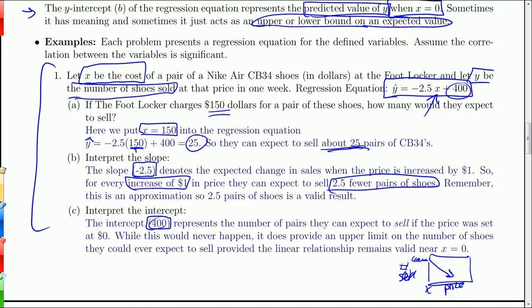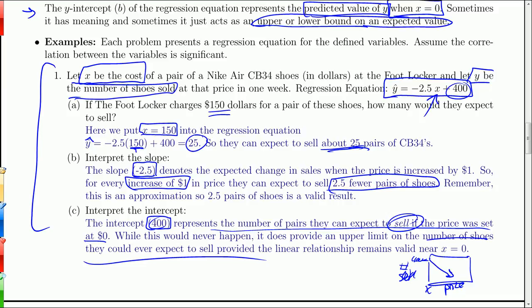It represents the number of pairs they can expect to sell if the price was set at 0. I use sell in italics because you're not really selling it at that point. But of course, you wouldn't do that, and so it doesn't have a whole lot of meaning, except it certainly puts an upper bound on the number of shoes you're going to want to stock, right? Because according to our regression equation, we'll never sell more than that unless we give them away.